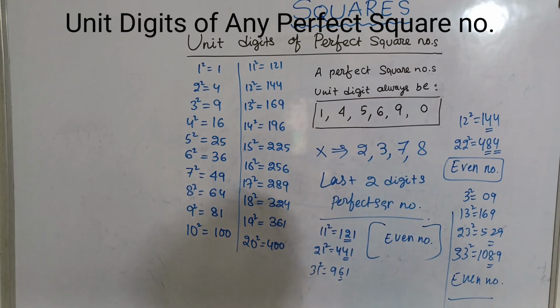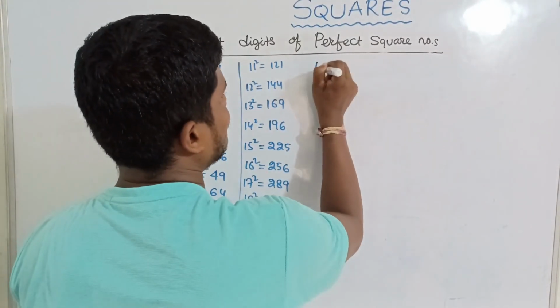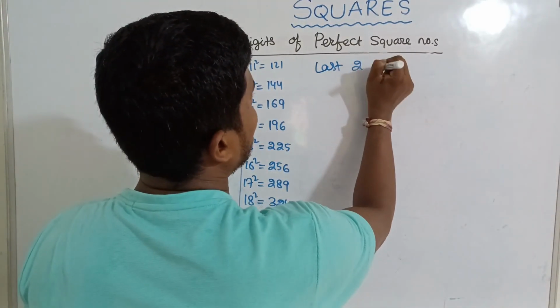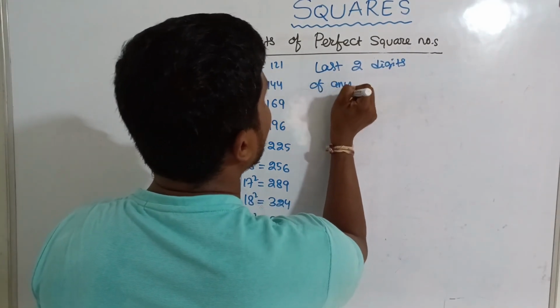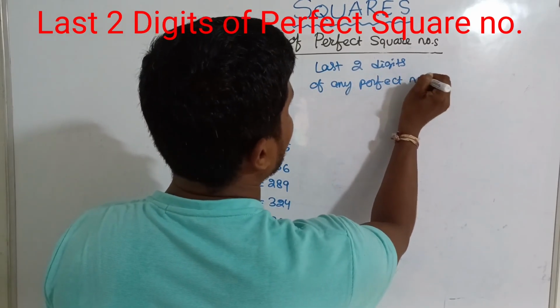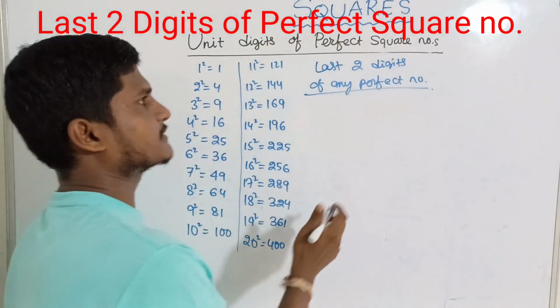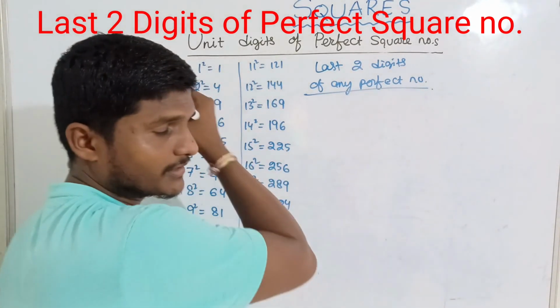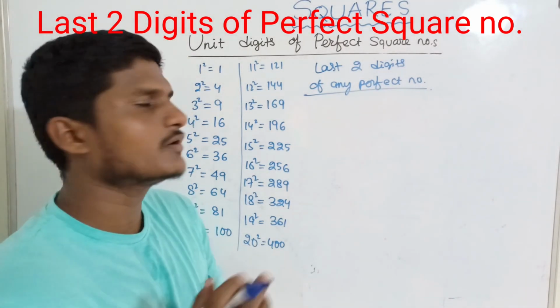So move on. Another question. Again, the last two digits of any perfect square number. If you want to square a number, their unit digits we discussed just before: 1, 4, 5, 6, 9 and 0.